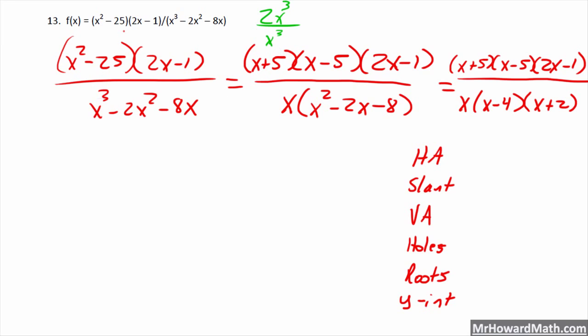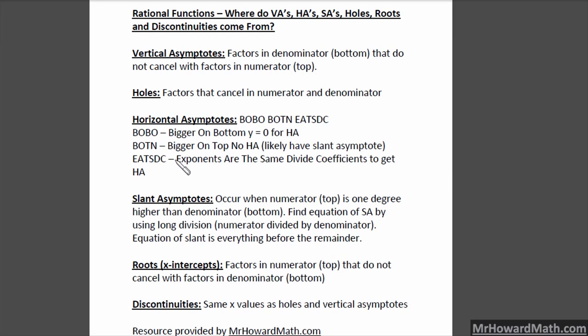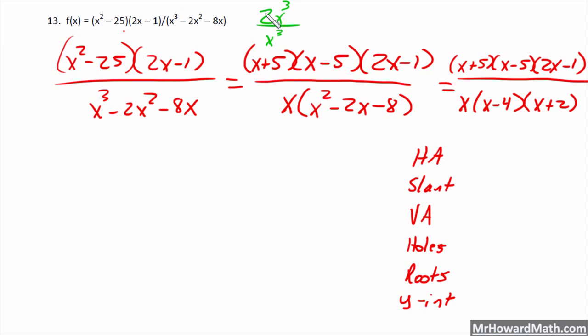So I use my list here, BOBO BOTN EATS DC, and this one is the exponents are the same. So I divide their coefficients to get the horizontal asymptote. So it's 2 divided by an implied 1 there. So 2 divided by 1 is 2, so y equals 2 is the horizontal. I have a horizontal, so I don't have a slant. To have a slant, I need the degree of the numerator to be 1 larger than the denominator. That's not the case here.